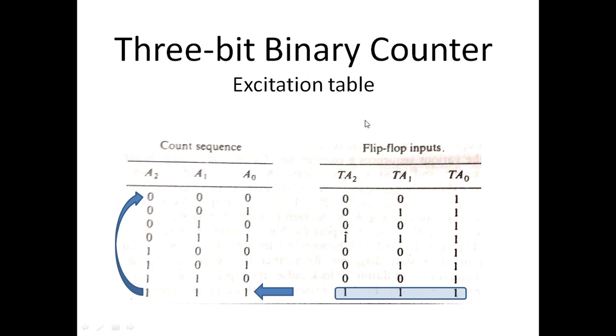We have to create simplified Boolean equations for the inputs of the flip-flops so that we get the desired input at the 3 T flip-flops to get the desired count sequence. This is the desired count sequence. So you have to create Boolean equations for the T inputs of these 3 flip-flops.